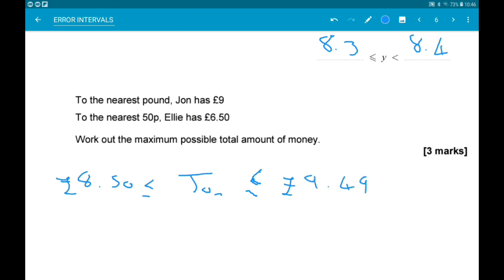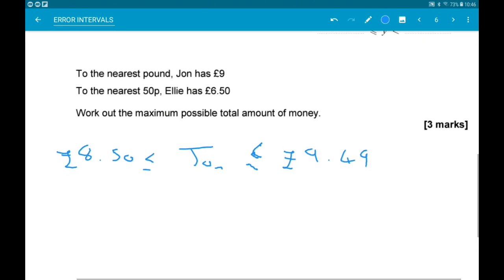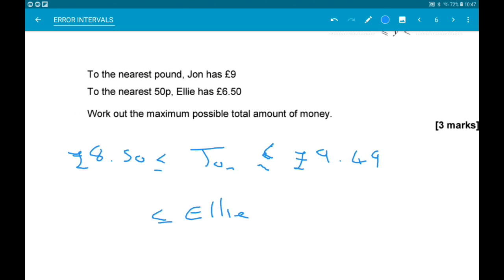So he could actually have £9.49. Then for Ellie, to the nearest 50p, the smallest she could have would be £6.25. And the most she could have, well, £6.75 would round to £7.